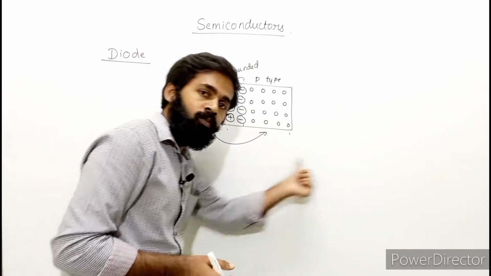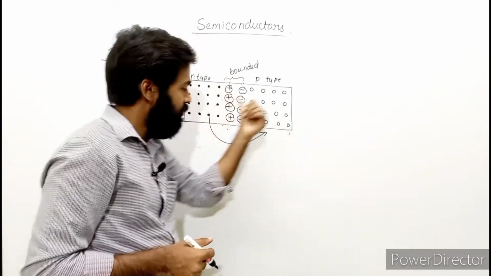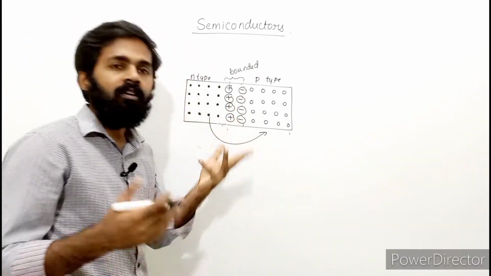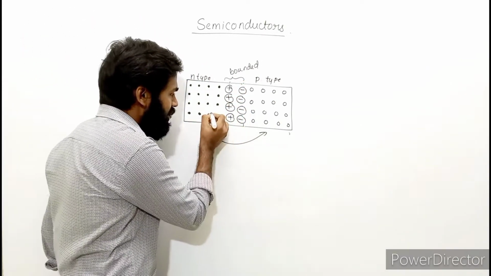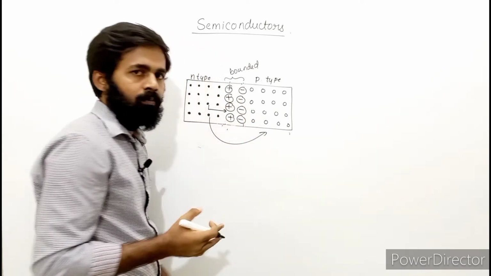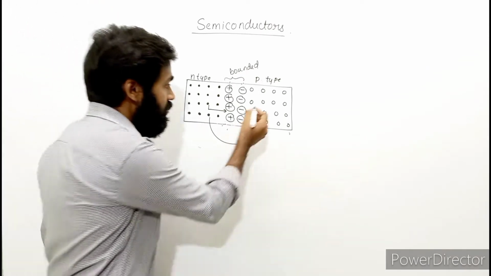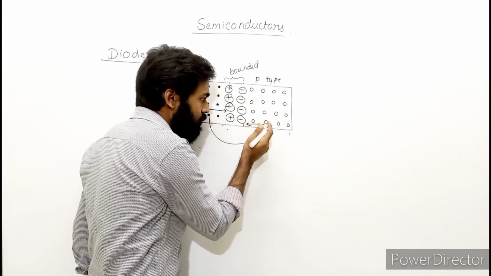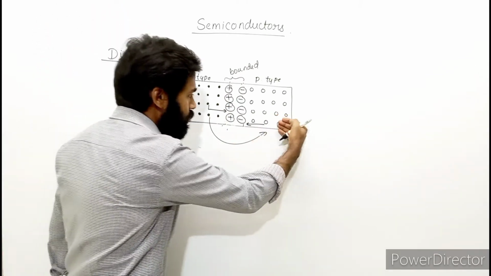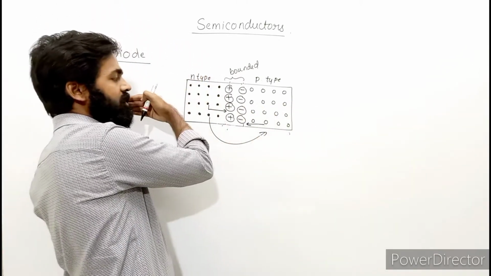These electrons want to move, but free electrons have which charge? Negative charge. Now these ions also have which charge? Negative charge. When these want to move, this negative and this negative oppose each other. And if these holes want to move, this positive and this positive oppose each other. So these holes cannot move towards left side.